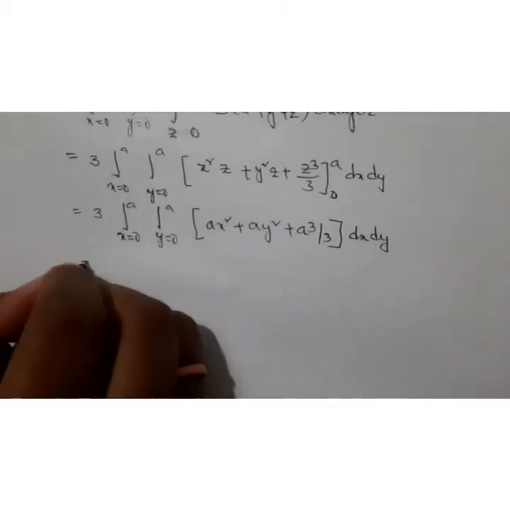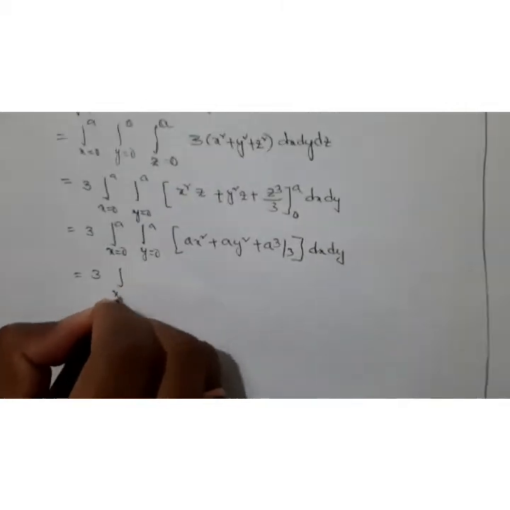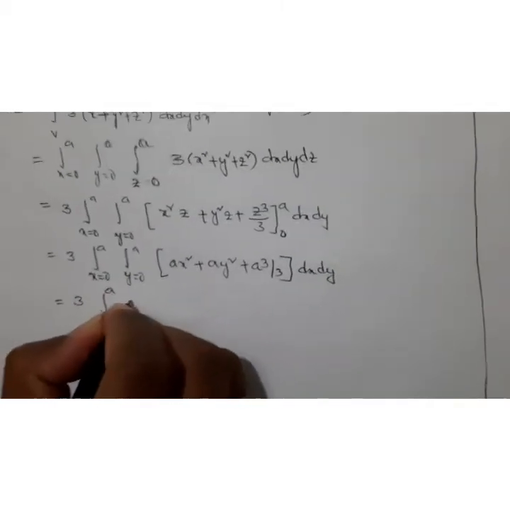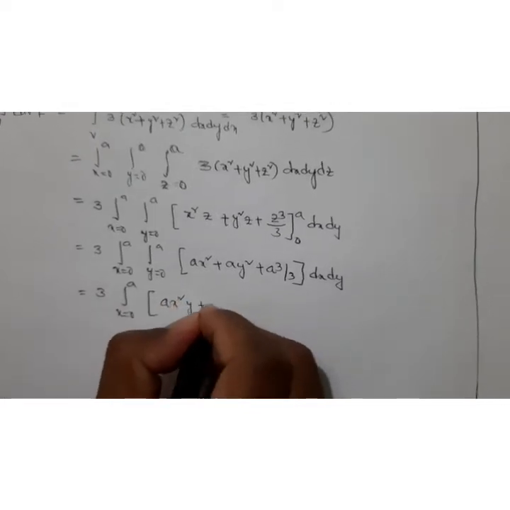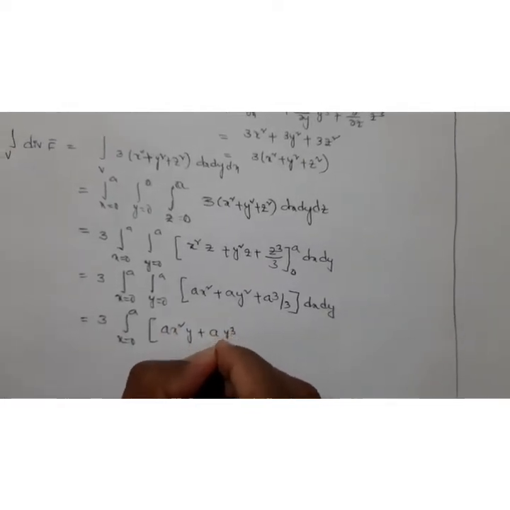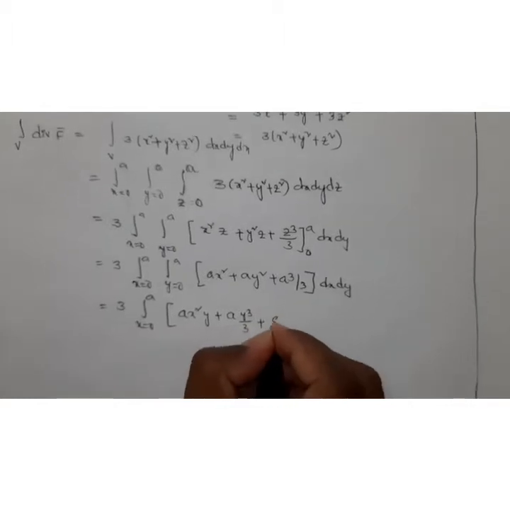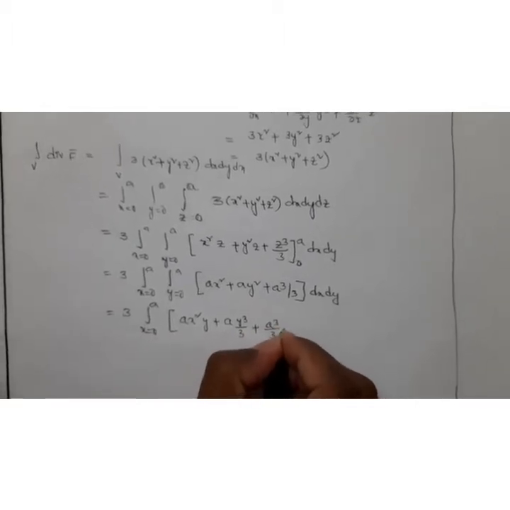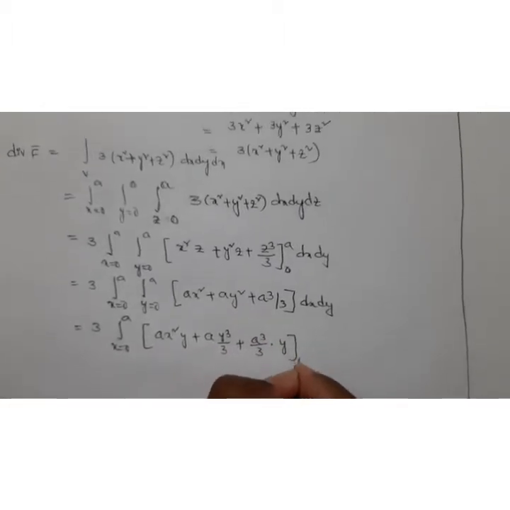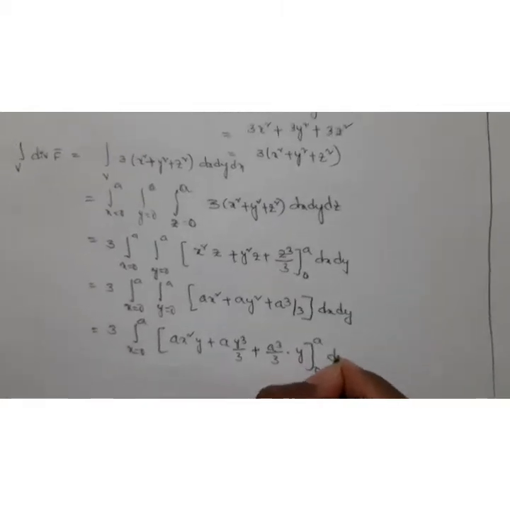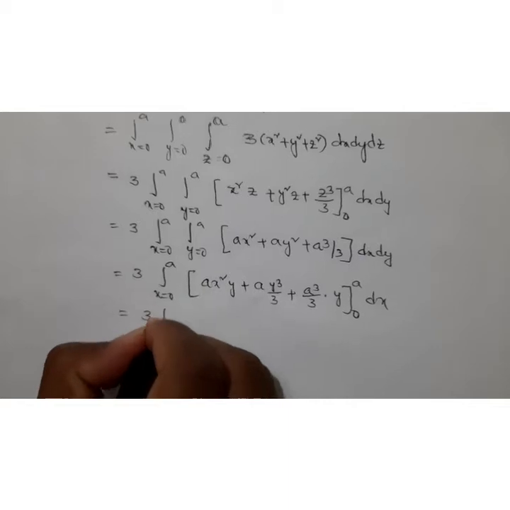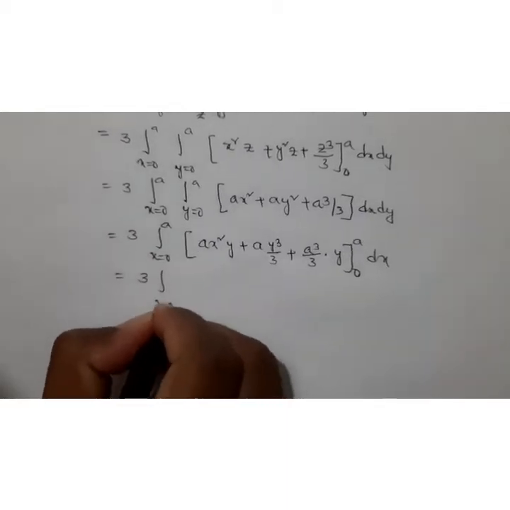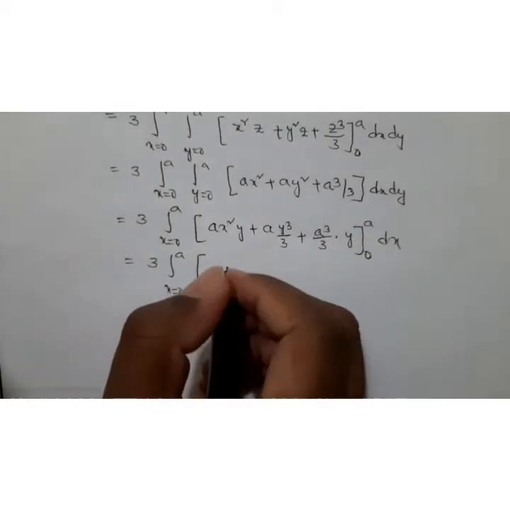Next, with respect to y: 3 into integral x from 0 to a of a x square y plus a into y cube by 3 plus a cube by 3 into y, limits from 0 to a, into dx. First substitute the upper limit.